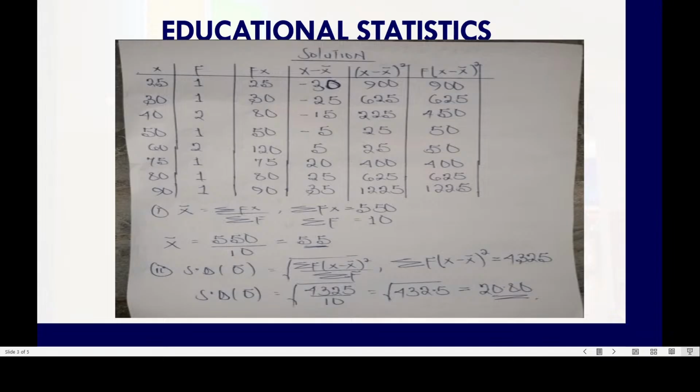But when we are dealing with sample, as it is written in the material, then we deal with N minus 1 or F minus 1. That N and F, they are the same thing. Yes, they are the same.